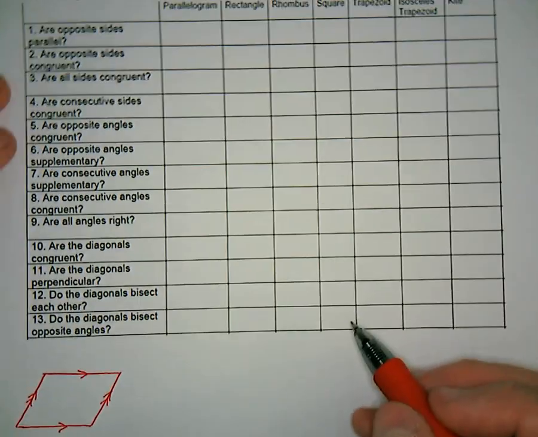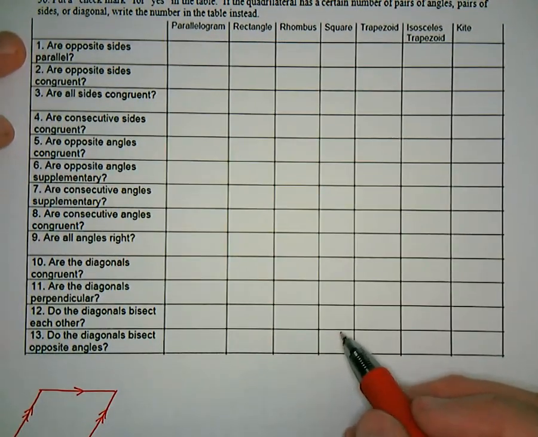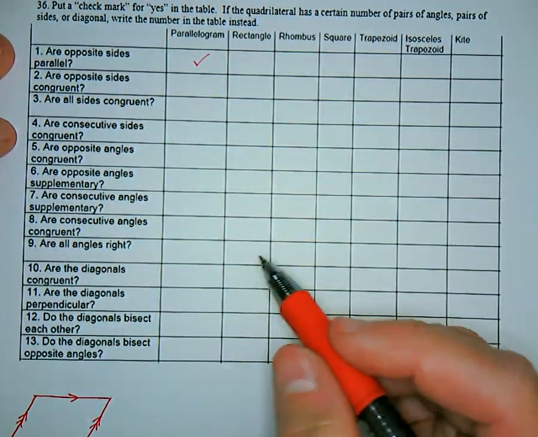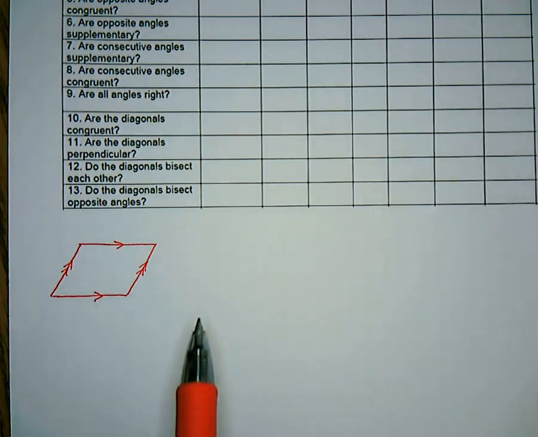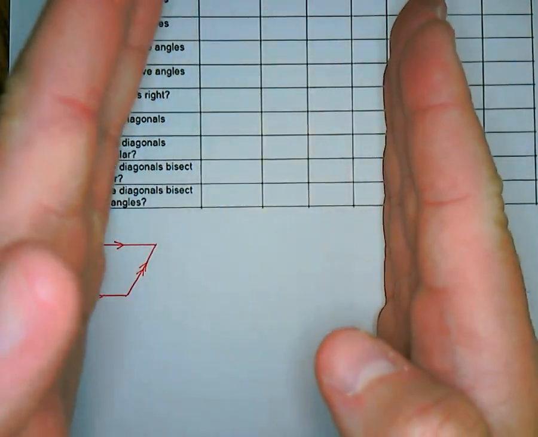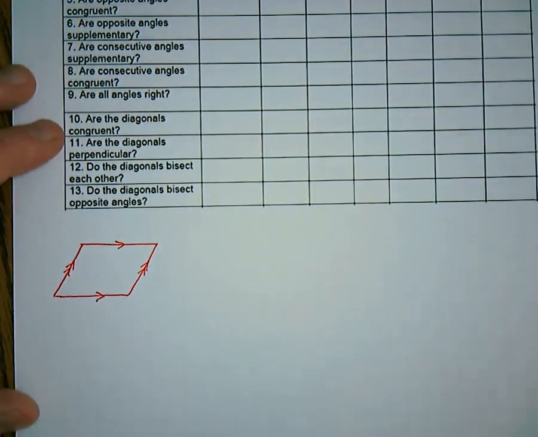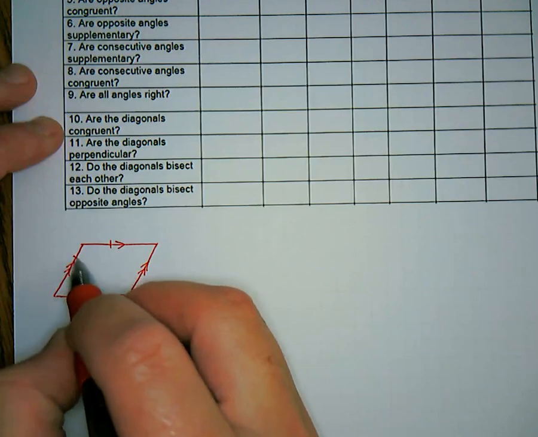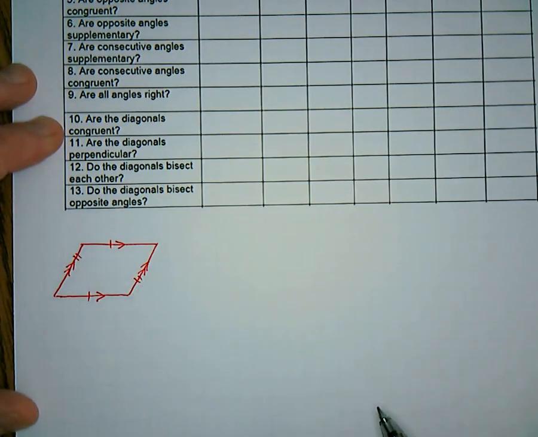So are opposite sides parallel? Yes, definitely. Are opposite sides congruent? Now, previously we saw that a parallelogram is kind of like, imagine a rectangle that got leaned over, right? So we know that the opposite sides are going to be congruent to each other, okay?